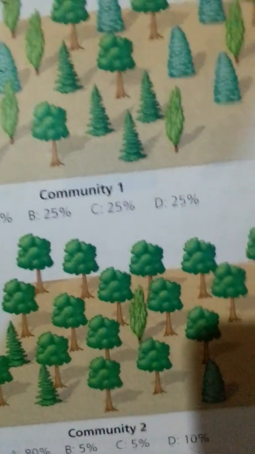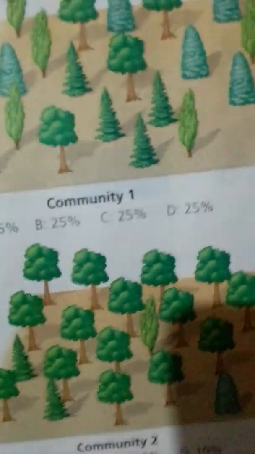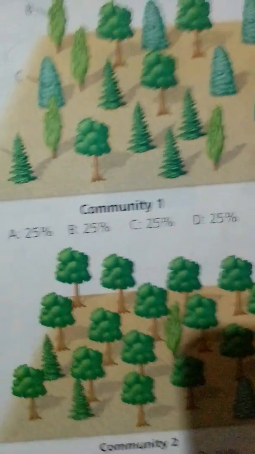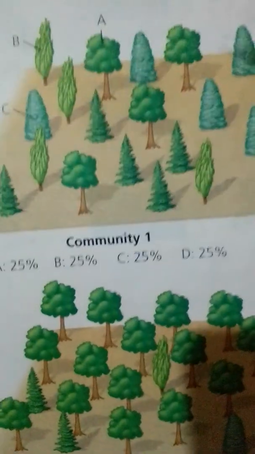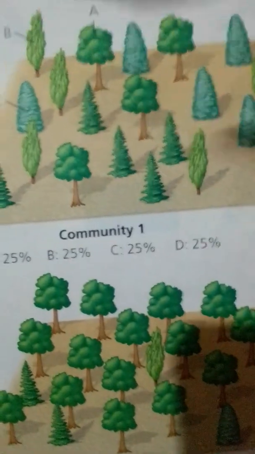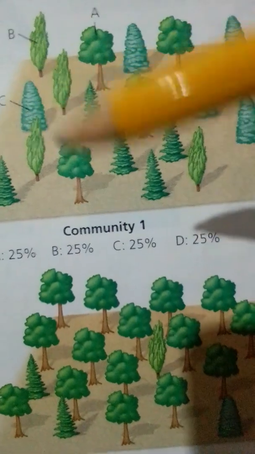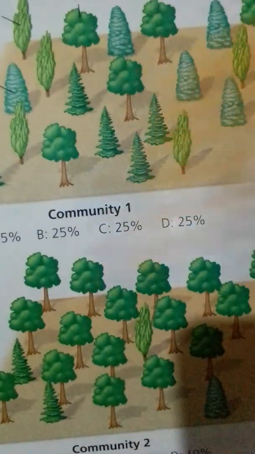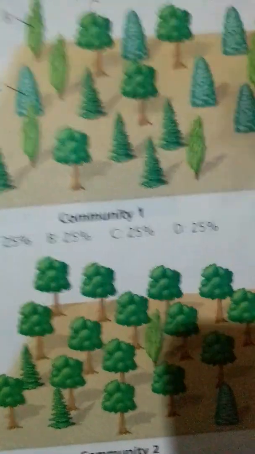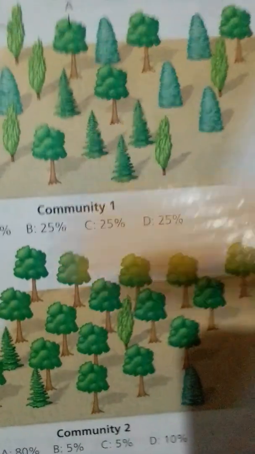Most observers would intuitively describe Community 1 as the more diverse of the two communities. Indeed, for an ecologist, the species diversity of a community is dependent on both species richness and relative abundance.